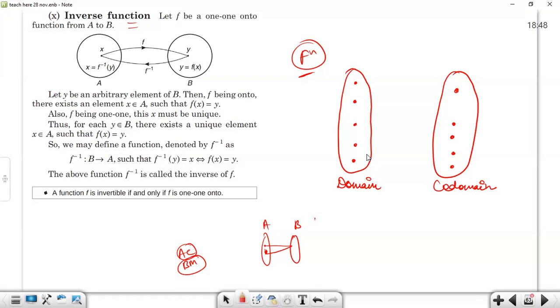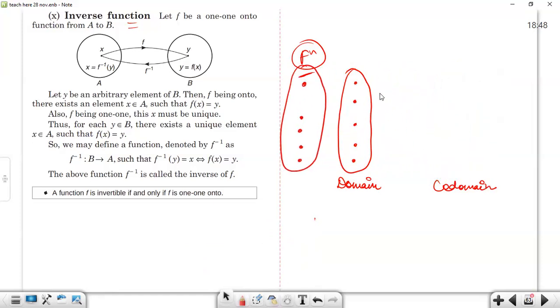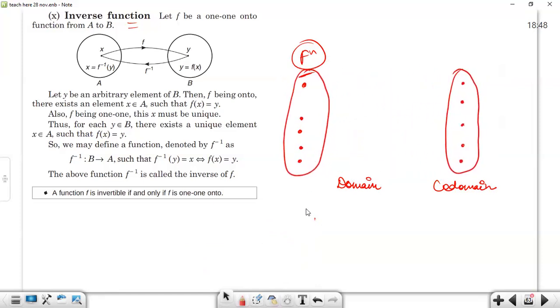Yes. But as we are discussing invertible functions, for finding the inverse of a function, we will simply change the codomain to the domain and the domain to the codomain. We'll shift places simply.